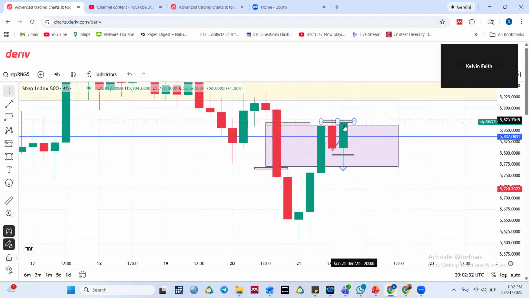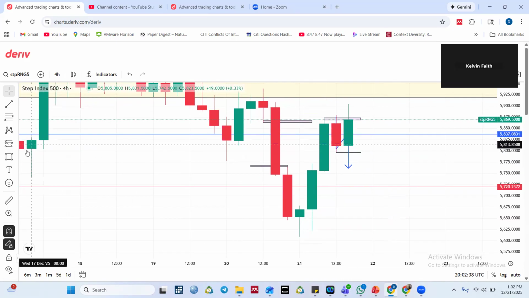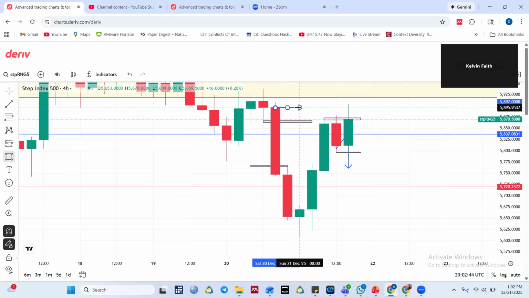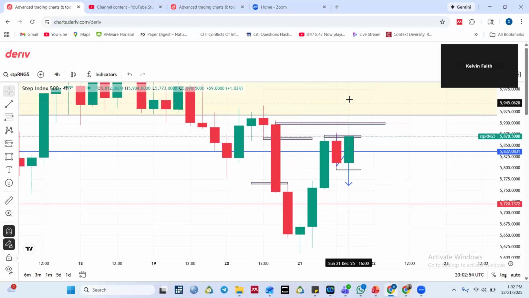So what I can say is that before I will call this setup invalid, I should be able to see, you see the top of the big candle here, this bearish candle, the body, the top here. I should be able to see that there is a body close above this area.